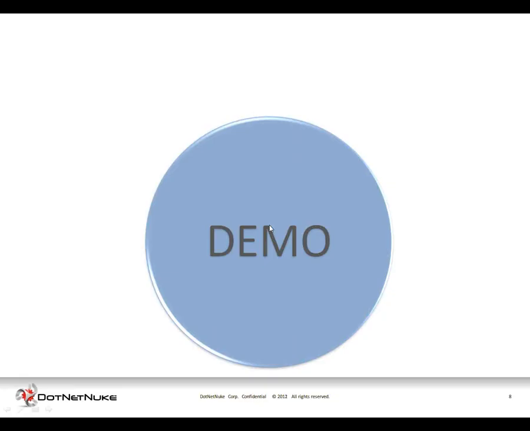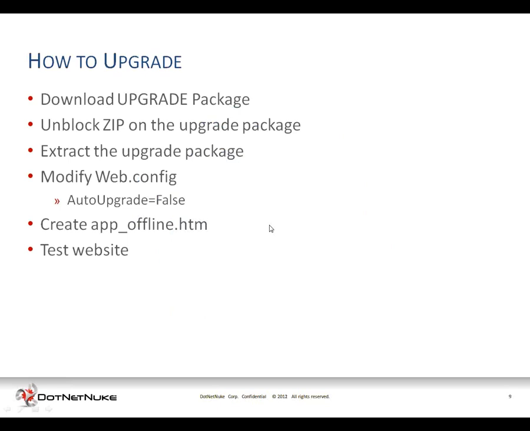So let's go ahead and switch back over here to our PowerPoint and talk about the next step in the process. What we want to do now is perform the upgrade for DotNetNuke. As we saw, we're upgrading from DotNetNuke version 5.5.0, but we're going to upgrade to DotNetNuke 6.2, which, as I said, will be coming out in the next couple of months.